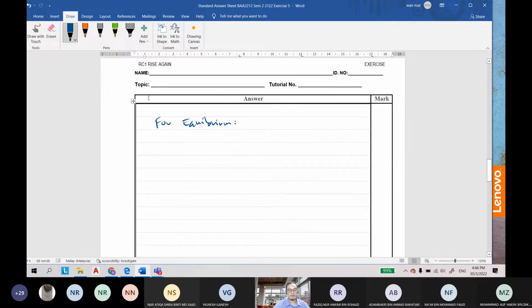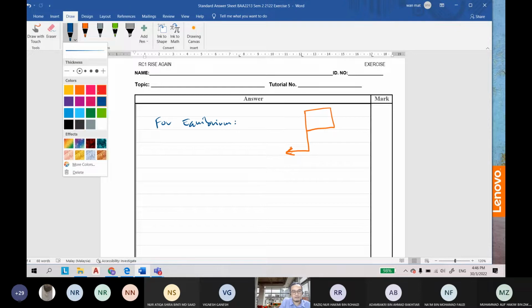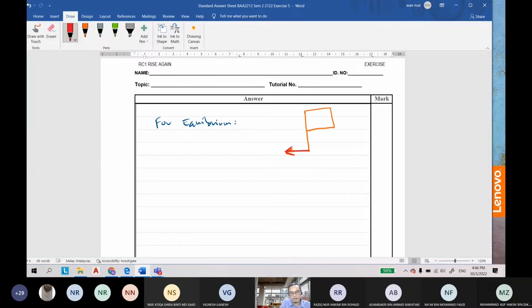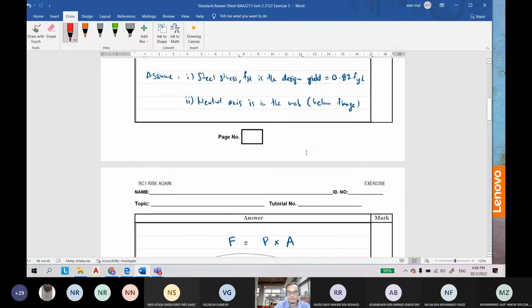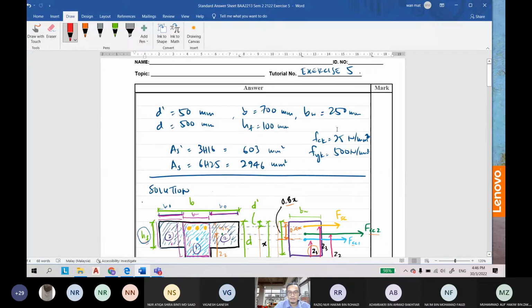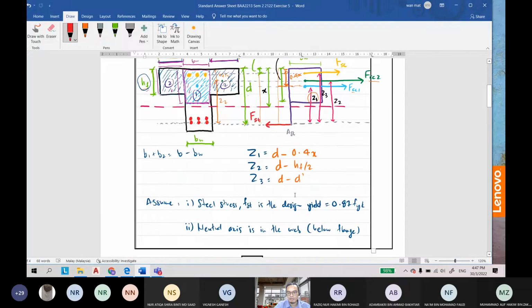Okay, I write down here, this is very simple. The red color here we have FST, and then we have what color? Yes, yellow, green, and blue.